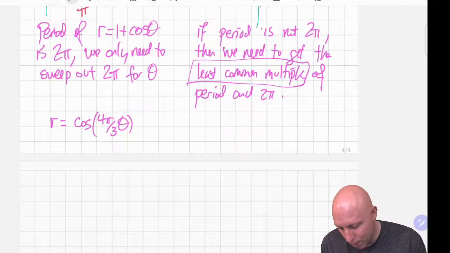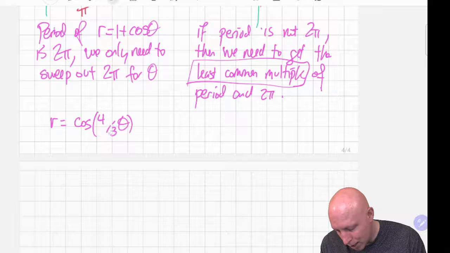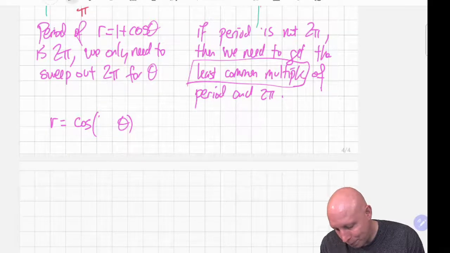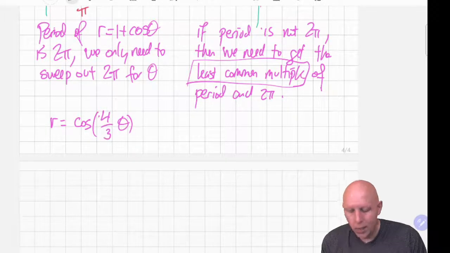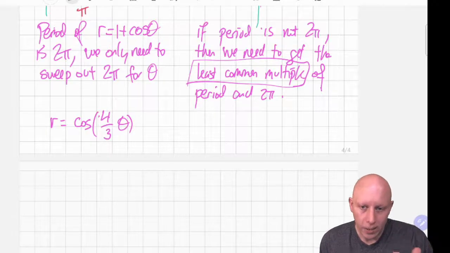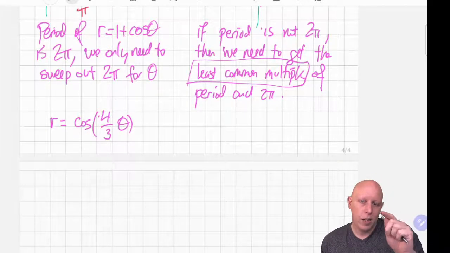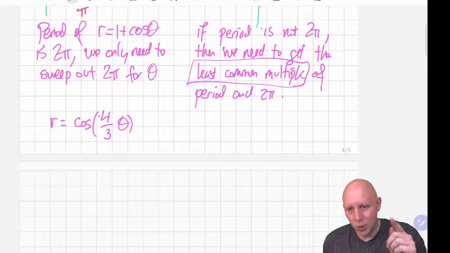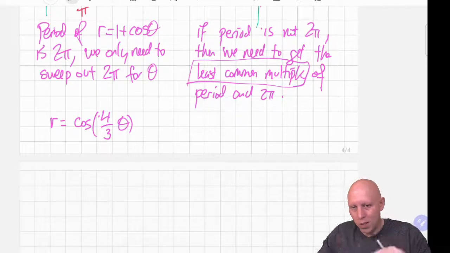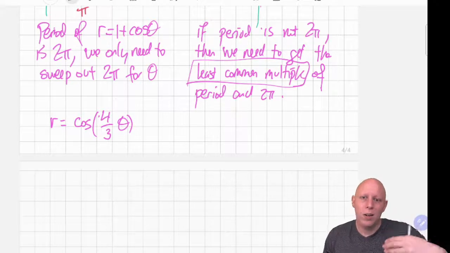Is that what I want? Or maybe I want 4/3 theta. That's what I really wanted. So cosine of 4/3 theta. What's the period of this?